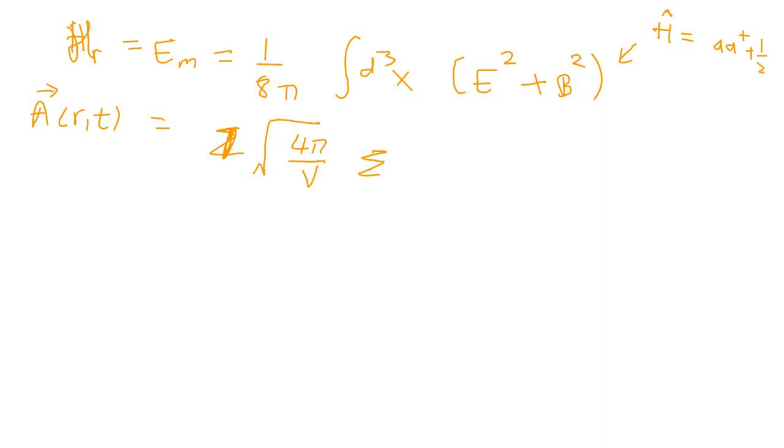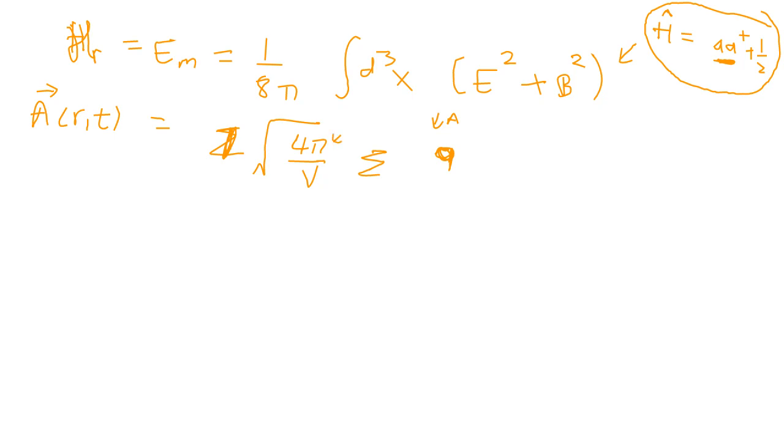So I'm trying to rewrite the electromagnetic Hamiltonian in terms of these operators. So what I will do is a mode expansion for the vector potential. Maybe I should use a small letter a, but in these slides I'll start by calling them capital A, then try to get what these vectors are.